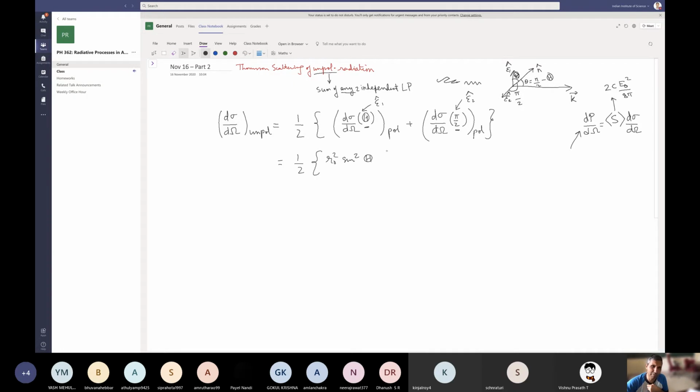And this is just what we had previously, and this at π/2 is just r0 squared. So this is equal to r0 squared by 2 times (1 plus sin squared capital theta). Sin squared capital theta is nothing but cos squared small theta. So r0 squared by 2 (1 plus cos squared theta). So this is small theta, that is capital theta. So this is your unpolarized differential cross section.